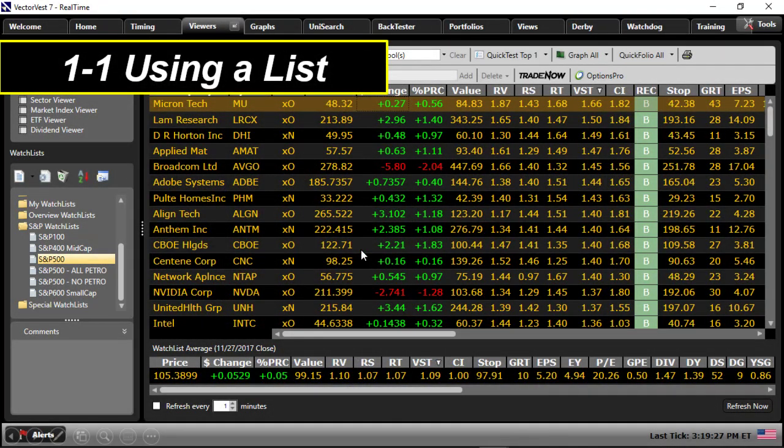So the one-by-one method is, let's say you're looking at the S&P 500 stock list, the watch list within VectorVest, and you want to find stocks whose MACD has just crossed bullish today. Not a week ago, not 2 weeks ago, not 3 days ago, today. So what you would do is you'd go through all the charts. You'd put the MACD on, and you'd say, okay, Micron, did the MACD just cross bullish today?